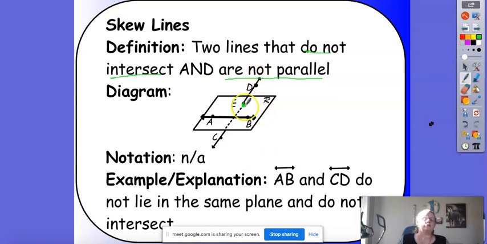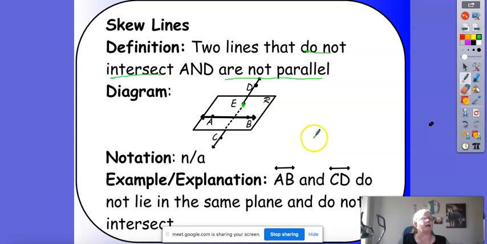So they do not intersect and they are not parallel. That's what a skew line is, two lines that do not intersect, and those are definitely not parallel. AB and CD do not lie in the same plane, and they do not intersect, and they're definitely not parallel.